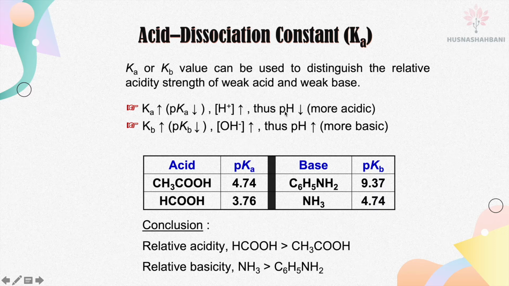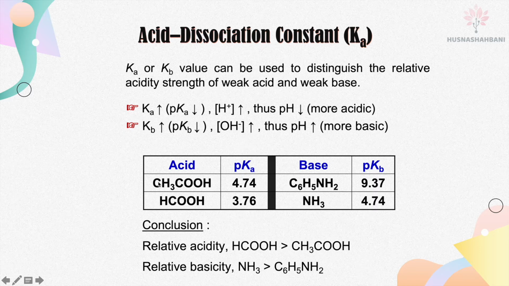It means when you have a higher Ka and lower pKa, it is more acidic. A higher value of Kb means a lower value of pKb, a higher concentration of OH-, and a higher pH, so it is more basic.